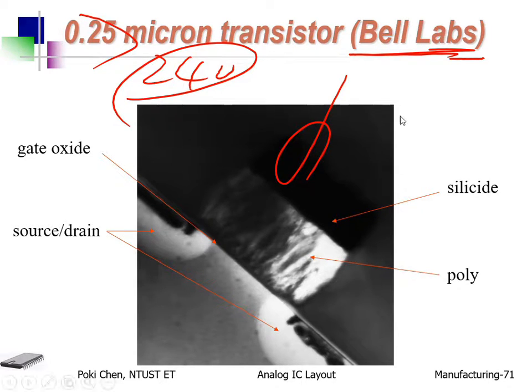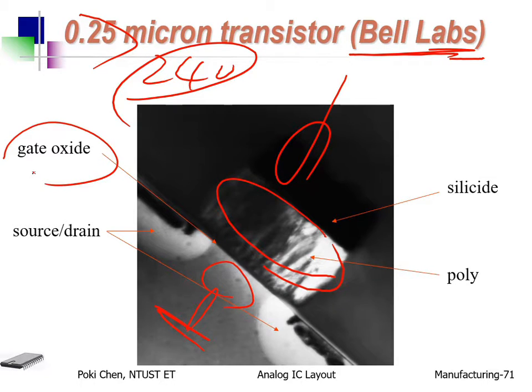Anyhow, allow me to show some detail for you. This is the poly, and this is the channel substrate. In between, you have silicon dioxide, gate oxide, for insulation to isolate your polygate from your channel.